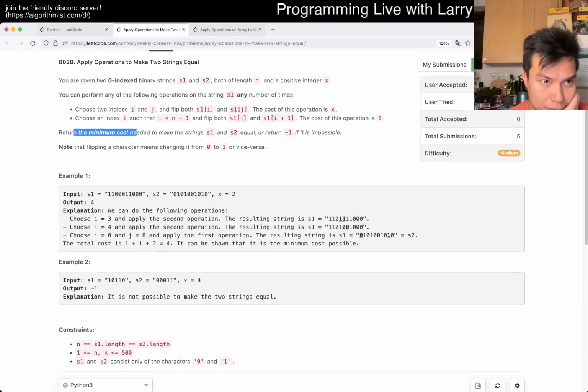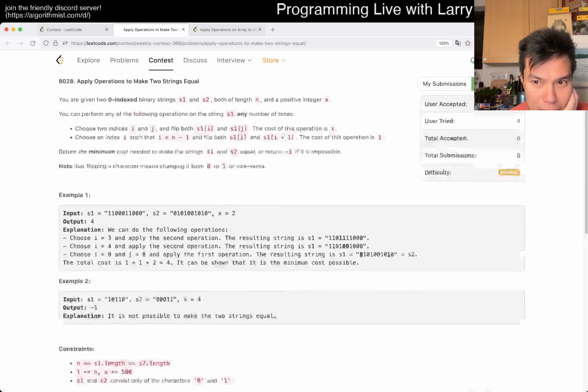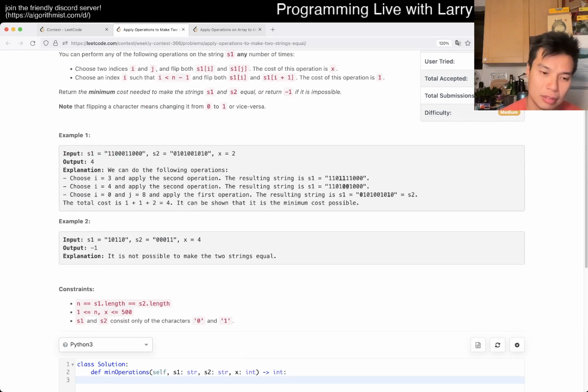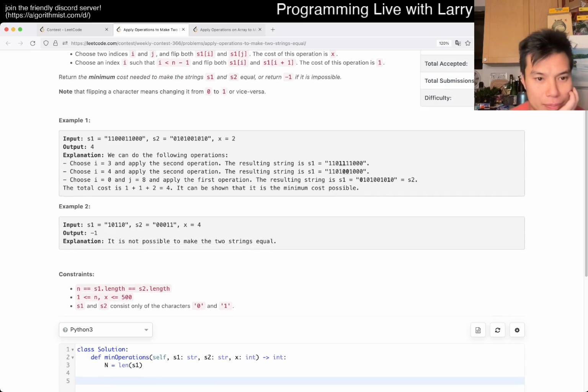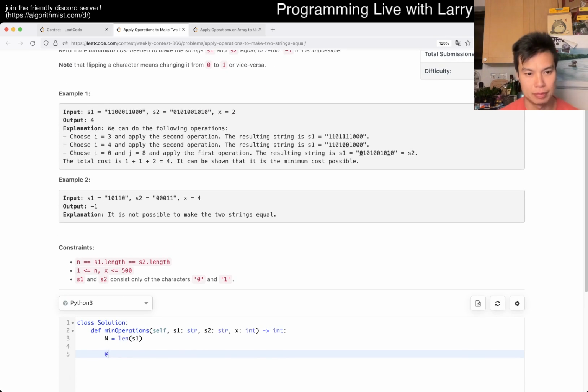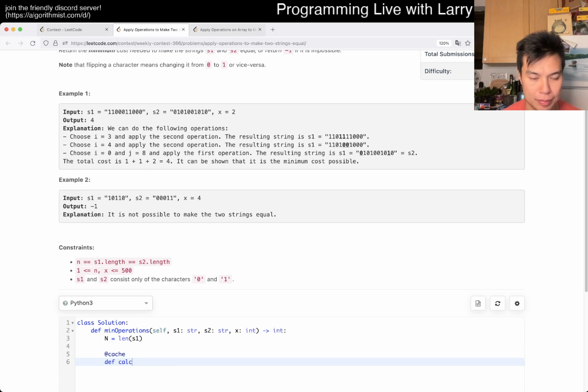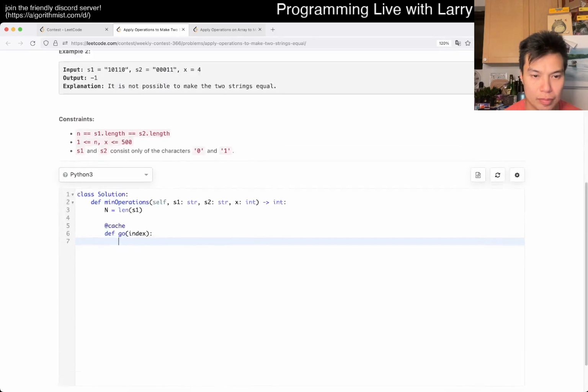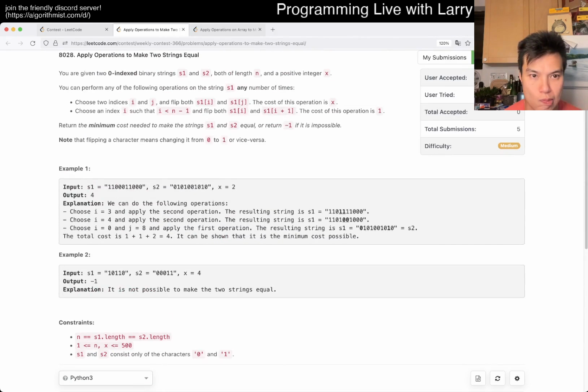Is it DP? I mean, it's probably DP, but 500, so suffix for 500. I guess that's just DP. Is it?